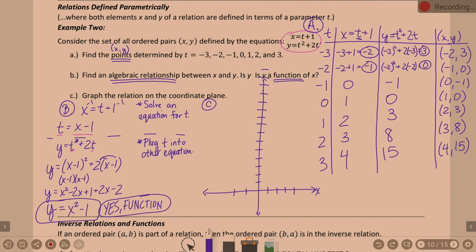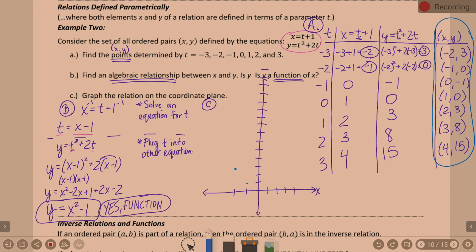Okay, so you are graphing the ordered pairs from part A. That's what we're graphing here, okay, guys? So, negative 2, 3, we're going to go left 2, up 3. Negative 1, 0.